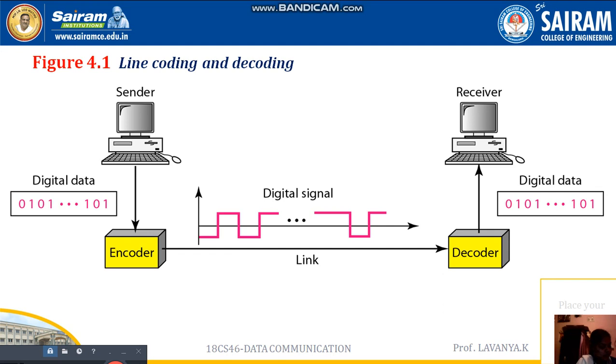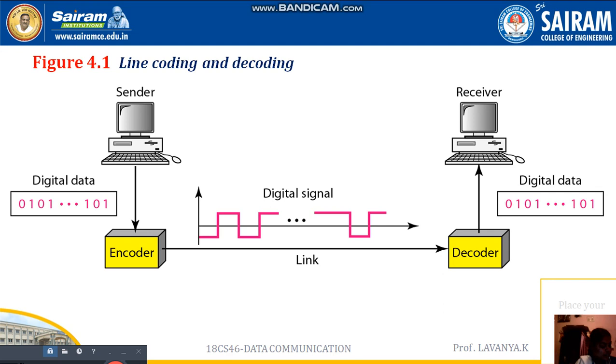That piece of information we call a data element, and it is considered one bit. In digital data communication, the signal takes care of that bit, and that signal carries the data element.